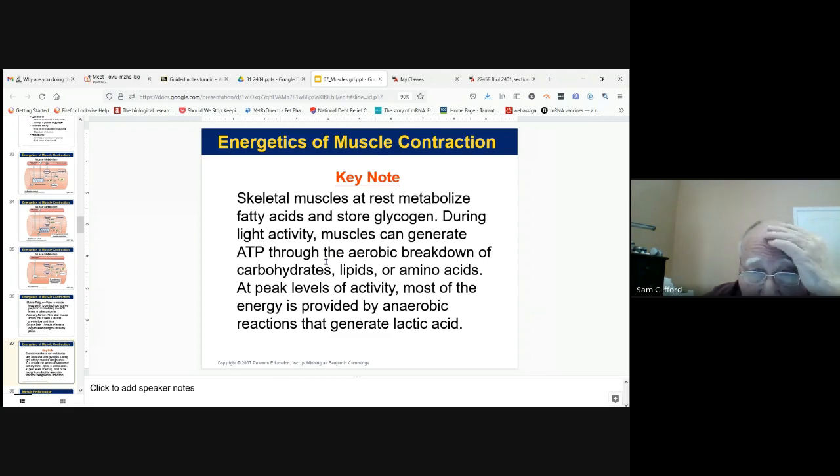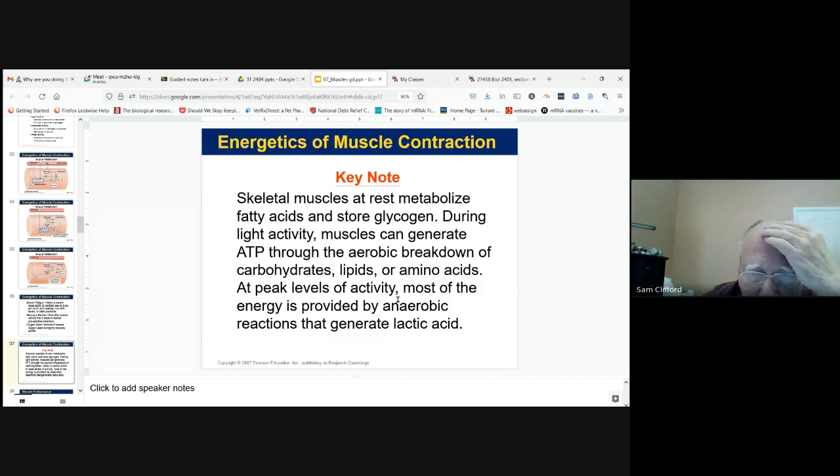So at rest, the muscles metabolize fatty acids and store glycogen. When they get into moderate activity, ATP can be generated with oxygen, breaking down carbohydrates, lipids, or amino acids.